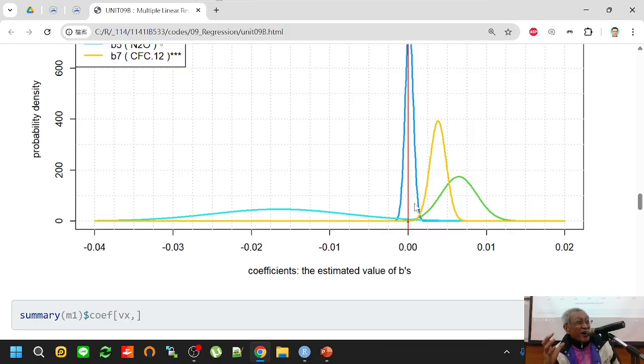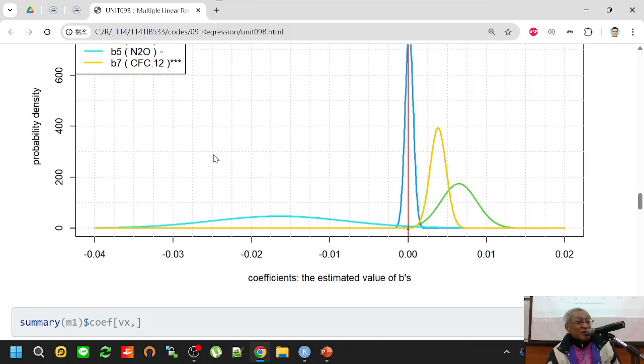That's why it is barely significant. Although this yellow line's expected value is quite small, it has a very small standard error, so as you can see, it's very, very significant.